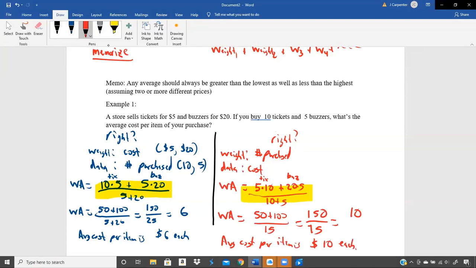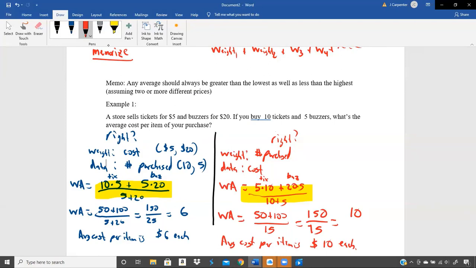Now, when you come across these problems, and you do them the different ways like this, if this is the experiment you need to do to learn this a little better and to get a better understanding, very often one of these answers will be outside of even the realm of possibility. As we already mentioned earlier, the average always has to be between the greatest and lowest prices, or number of things if that's what you were looking for, which it's not.